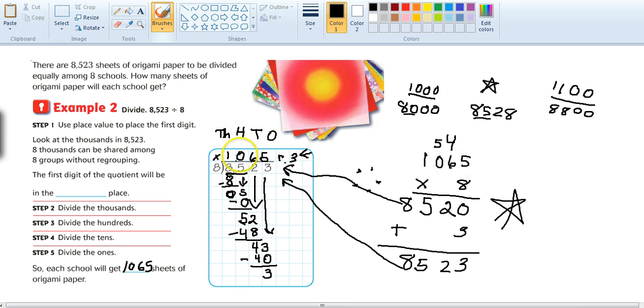So how do we check our answer to a division problem? We multiply our answer times the divisor, and don't forget, if you have a remainder, you have to add that in too. And if you get back to where you started, you know you're right.